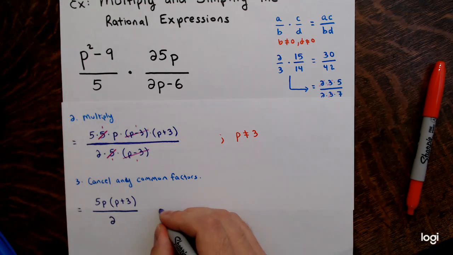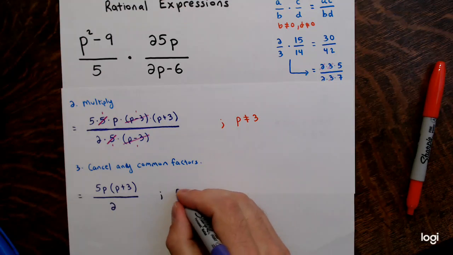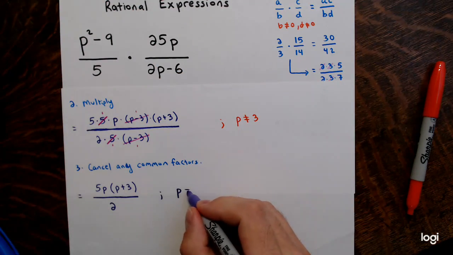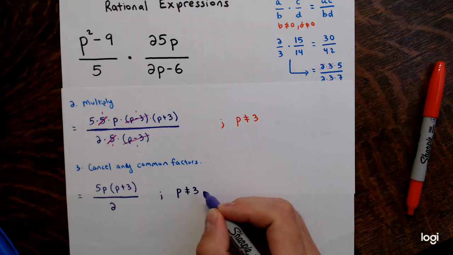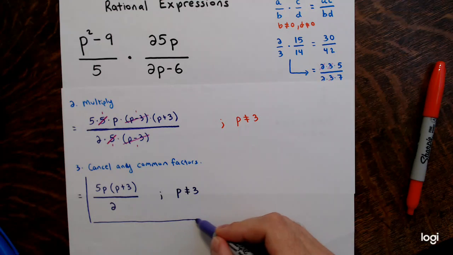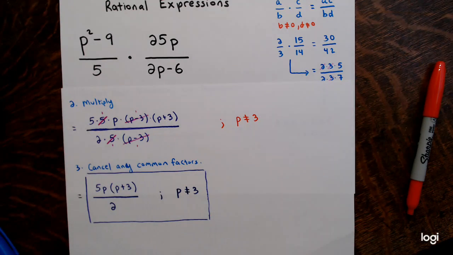And one more time, off to the side, I'm going to make note of the fact that this is only going to be true if I plug in a value of p that's not 3. And there we go. This would be considered by most texts a simplified version of the product of these two fractions.